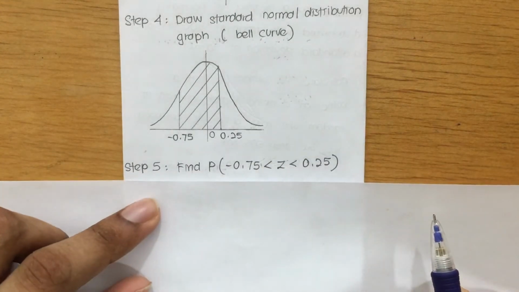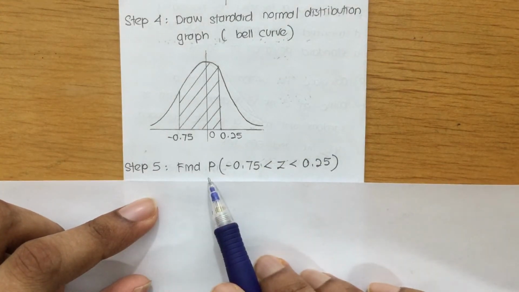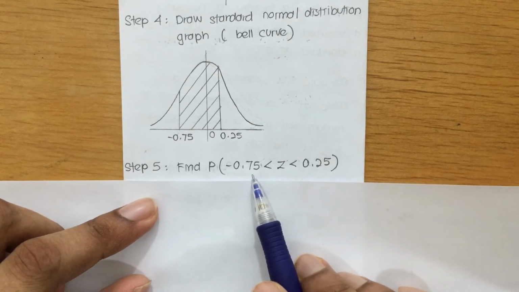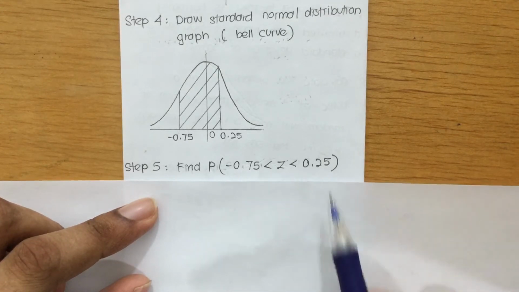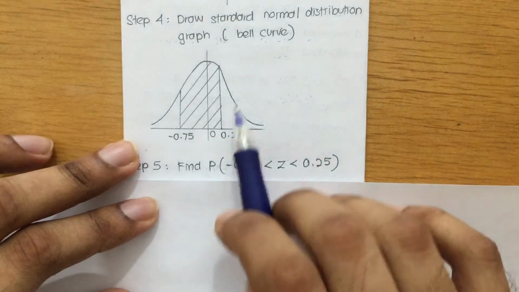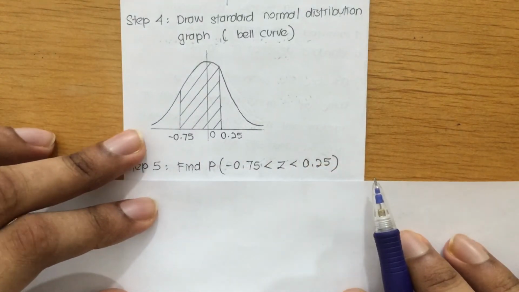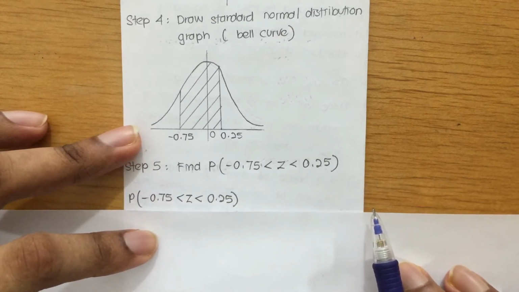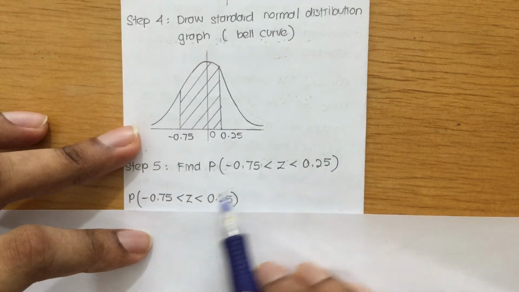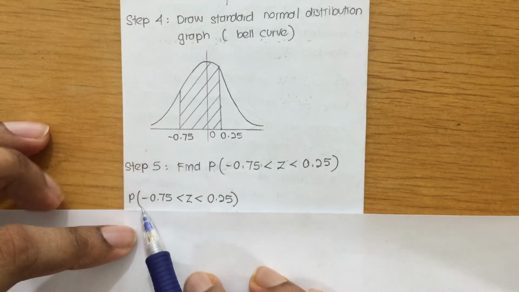For step 5, you need to find the probability of negative 0.75 less than z less than 0.25. How to find this probability? Let me show you the working now. We start to rewrite the whole expression over here.